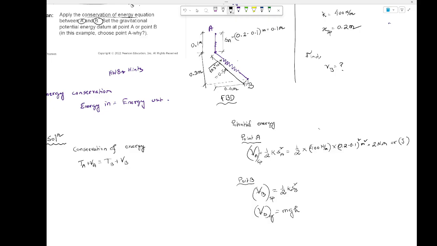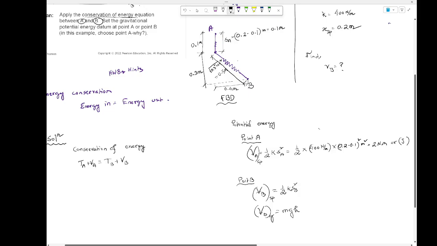So that is your x or s B here. 0.5 is, as you can see over there, the spring stretched up to 0.5, and initially in the unstretched condition it is 0.2, right? So that's the difference. Got it? Everyone understands this is 0.3, right?